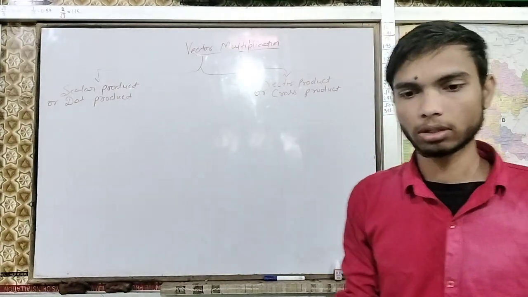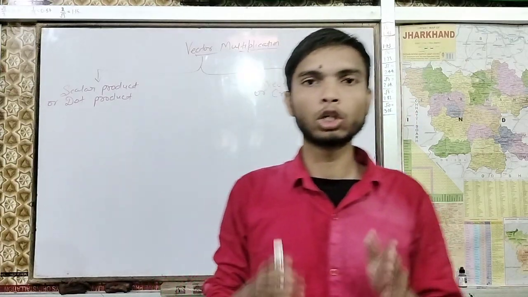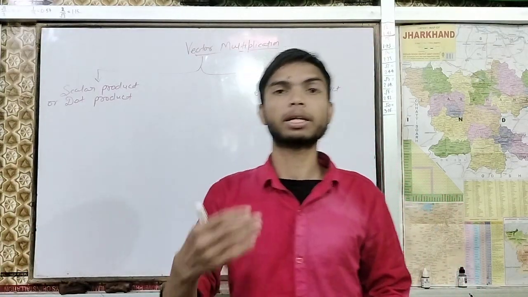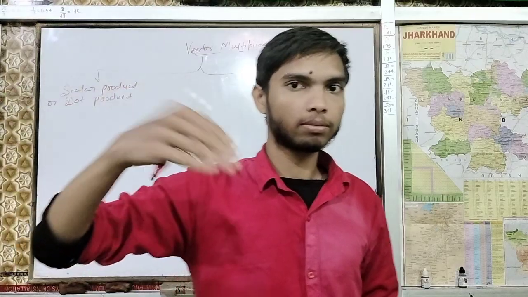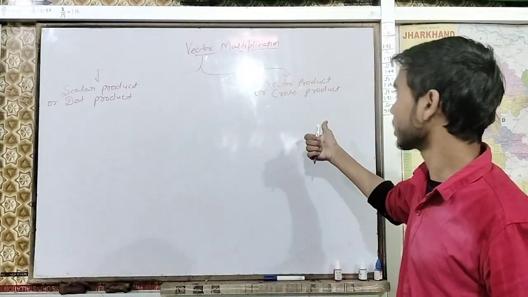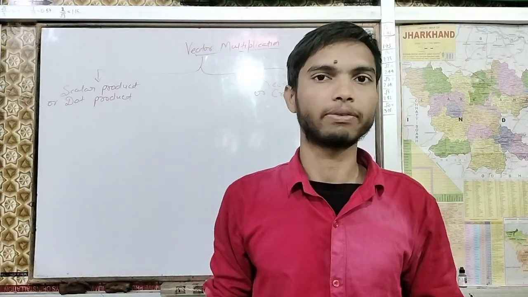Whereas on the other side, you take two vectors, and after multiplying them you get a third vector. In the first case we got a scalar as a result, and in this case we get a vector as a result. So this is the difference.